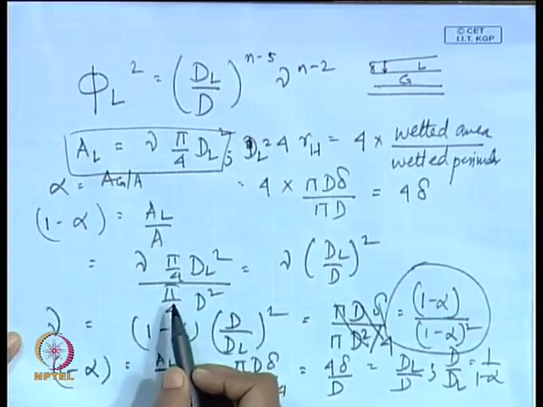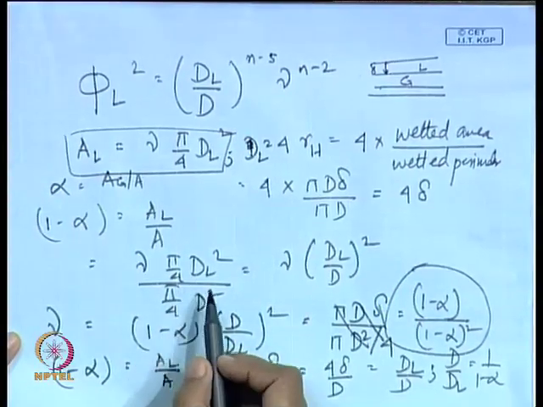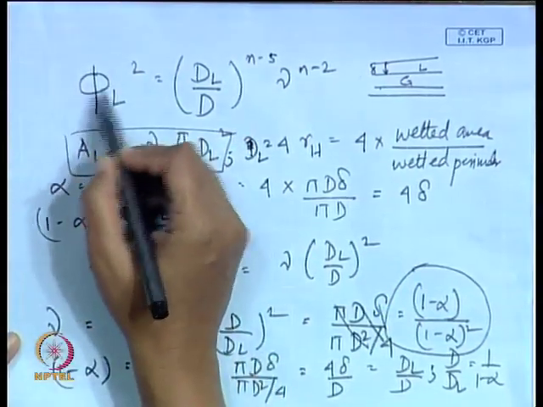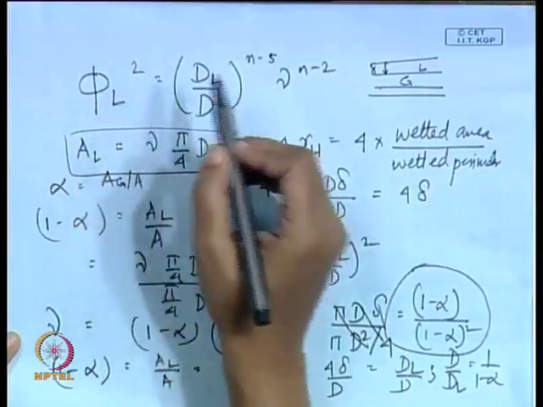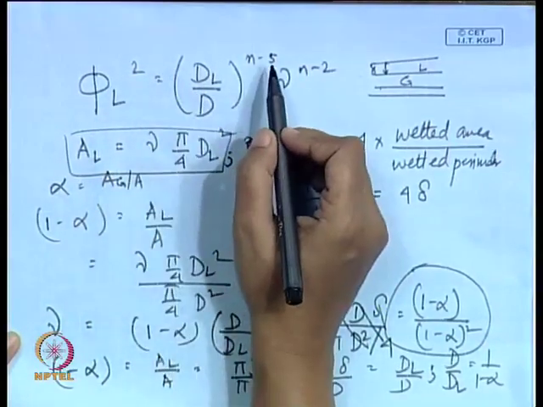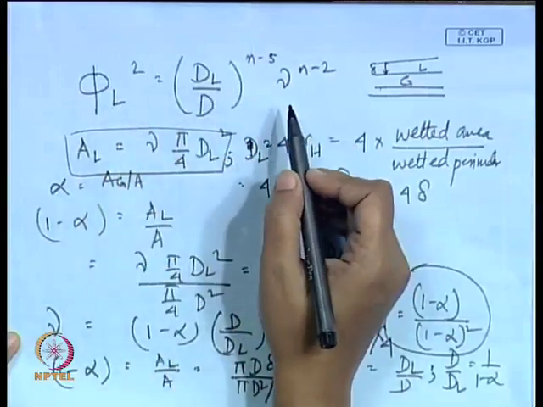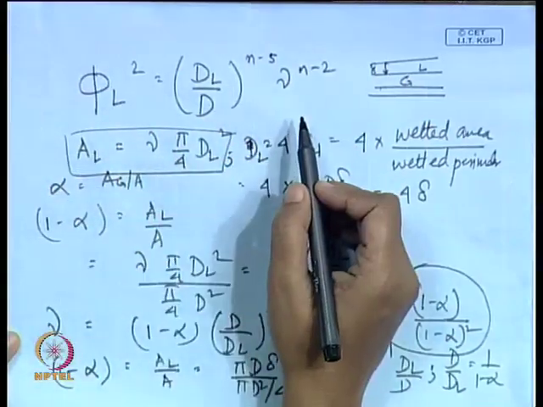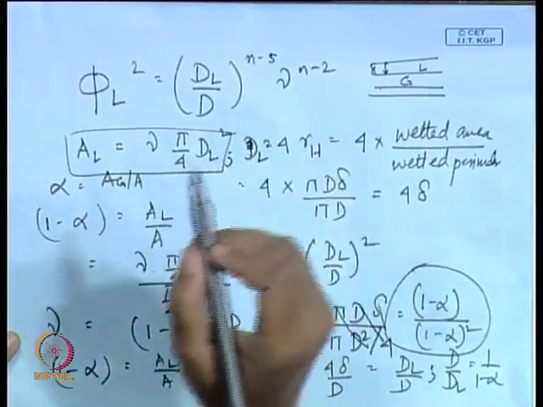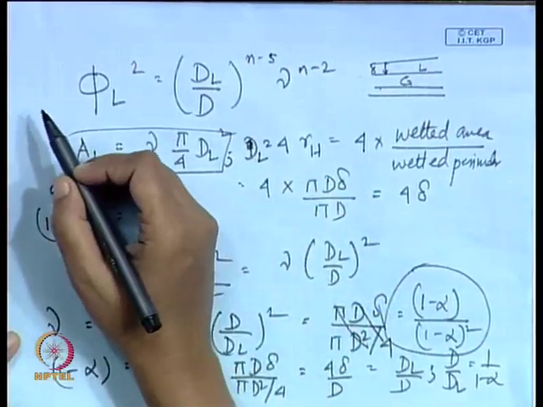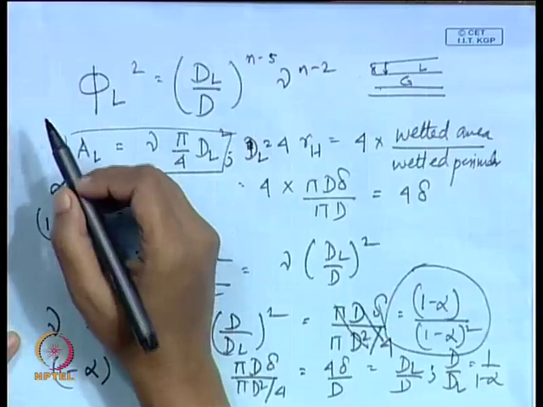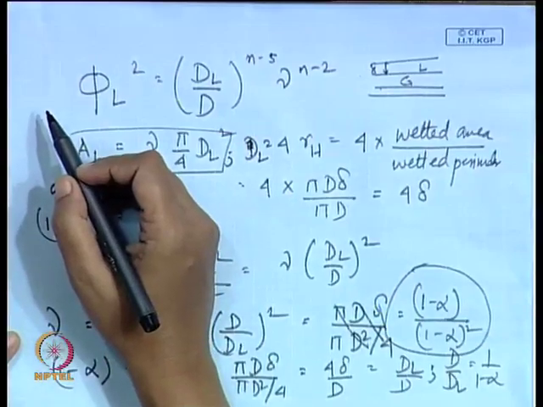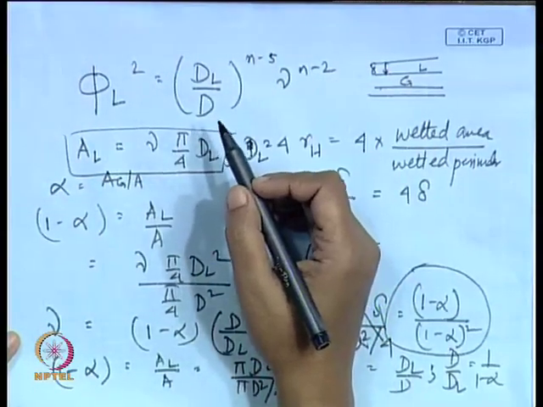What was the next assumption? We assumed that this phi_L square can be defined in terms of the frictional pressure gradient in the liquid portion divided by the frictional pressure gradient when that liquid flows alone in the pipe. And how did I take the frictional pressure gradient in the liquid portion to be equal to the frictional pressure gradient in the two phase mixture? Because I have assumed that the two phases do not interact with one another.